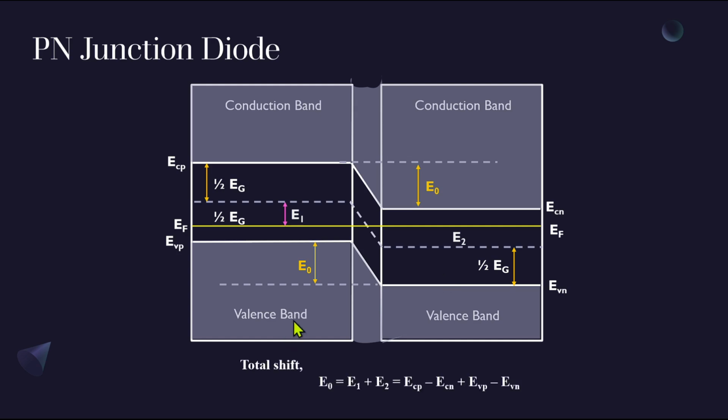If we determine the total shift, it will be E0 equals E1 plus E2, where E1 and E2 are given as ECP minus ECN plus EVP minus EVN, right? This is how the energy level of a PN junction diode is formed, and it will remain the same unless we provide any external force. So this represents the energy band diagram of the PN junction diode.